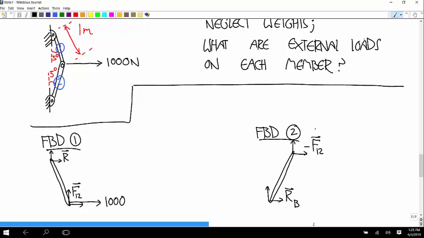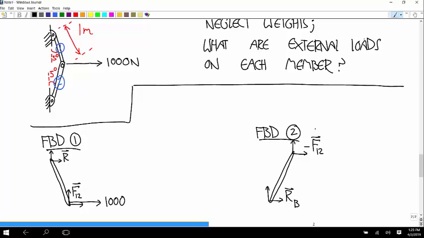Okay, so before we start going into calculations, when we come up with the external loads on each of these members, do we know anything about the directions of those loads? We do, and this is just something I'm trying to get you used to looking for.